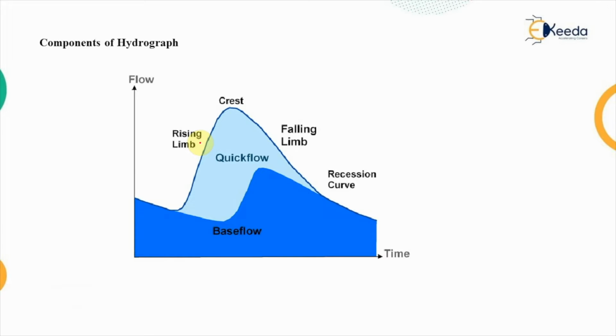As you can see in this image, on the y-axis the flow has been shown, that means the discharge, while the x-axis represents the time or duration of the storm, or the time taken by the water to move out of the catchment area. For a particular area, let's say this is an irregular shaped catchment area. Now we mark in this catchment area, first of all, what is this catchment area?